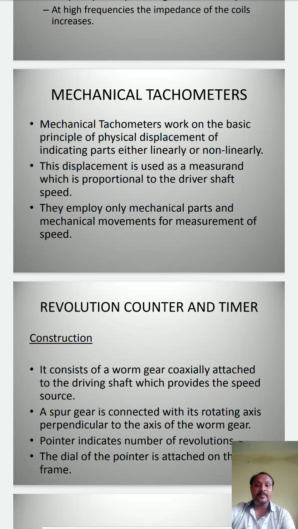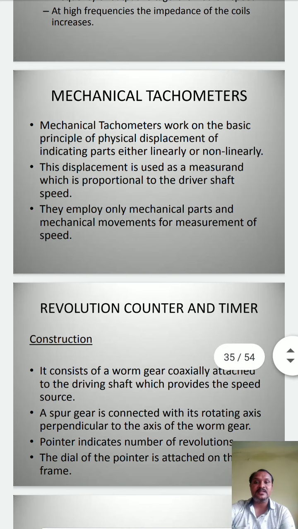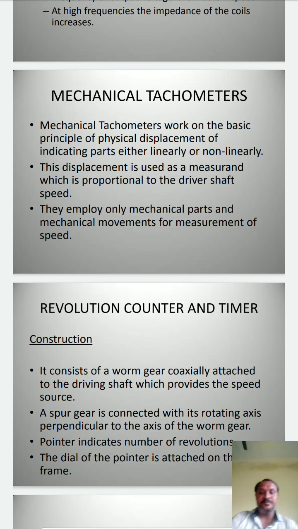It depends on the displacement from the original position to the next position. The basic working principle of these mechanical tachometers is based on the displacement only.